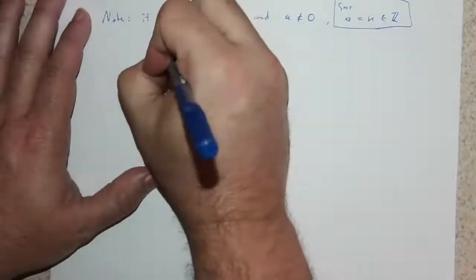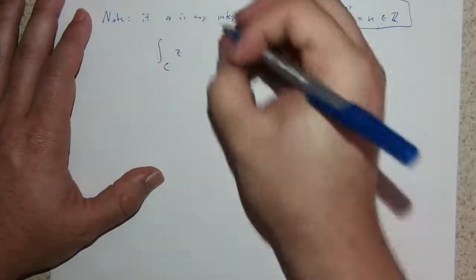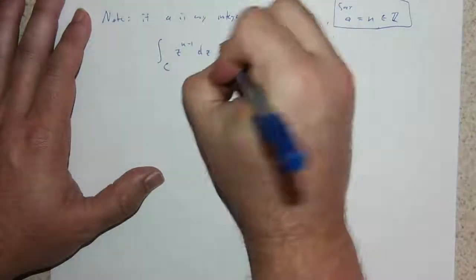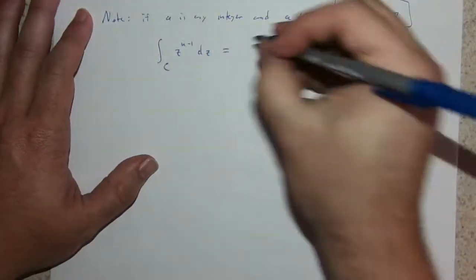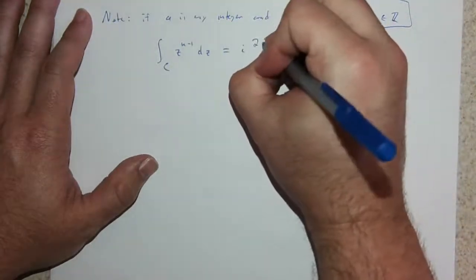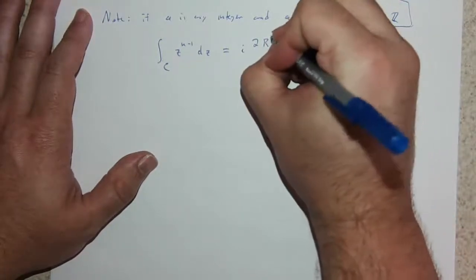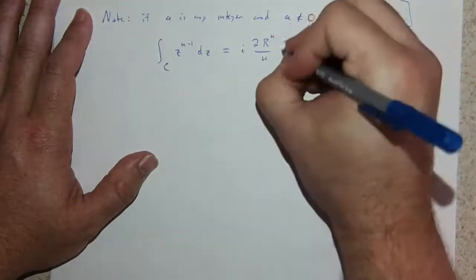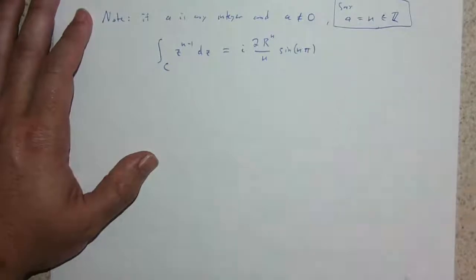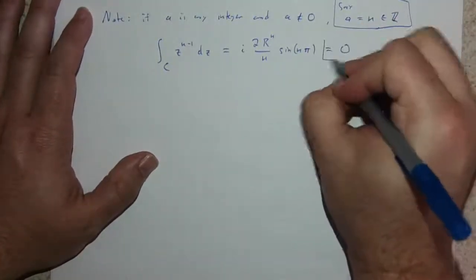Then what we've just shown is that the contour integral of z to the n minus 1 dz is equal to i times 2 r to the n over n times sine of n pi. But this is an integer multiple of pi now, and this is 0.